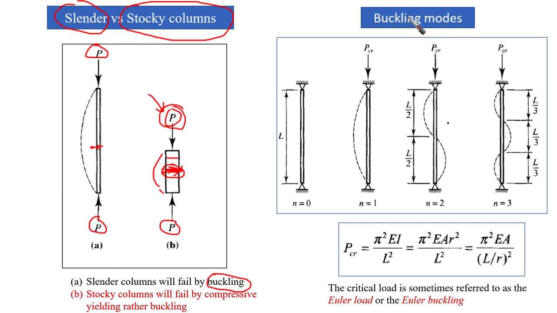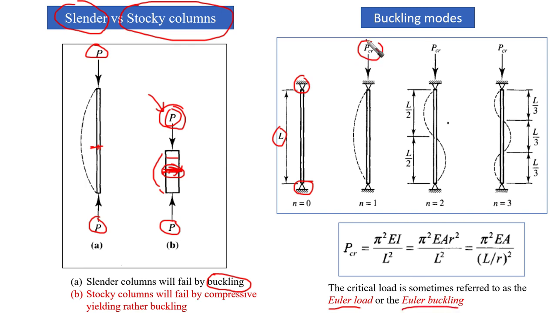So we found that if we have pinned end conditions for our element, and the length of this element is L, and we apply loading on this element, there is a level of loading called PCR, which is the critical loading or the critical load. We sometimes refer to it as Euler load or Euler buckling.